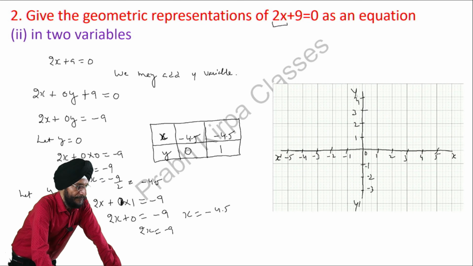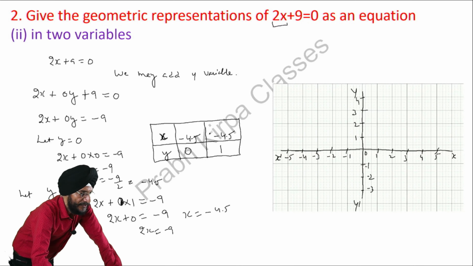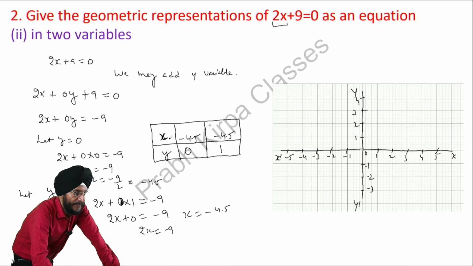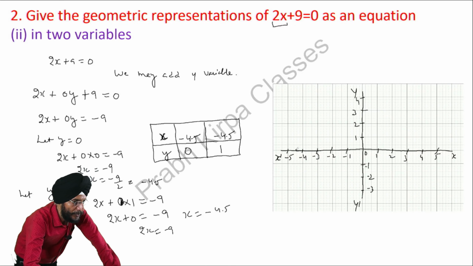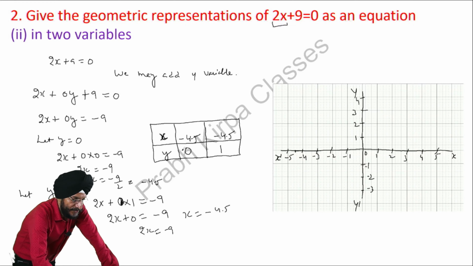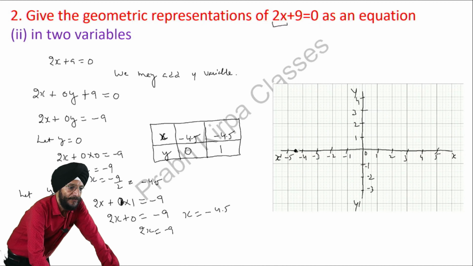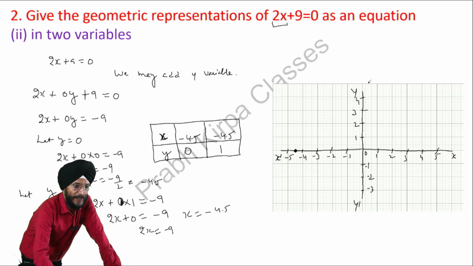Now what is given? Here it is given that the value of x is minus 4.5. Here it is minus 4.5 somewhere here. And y is 0. That is the first point, where the value of x is minus 4.5 and the value of y is 0.